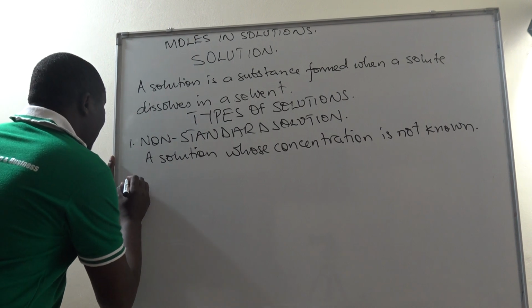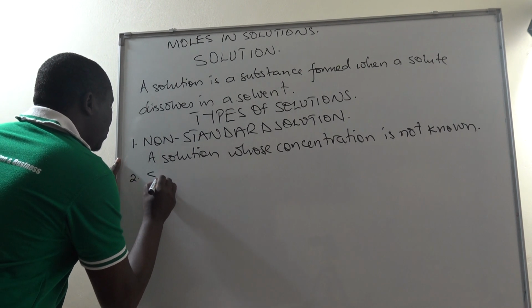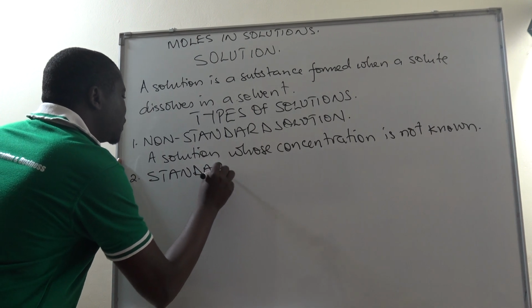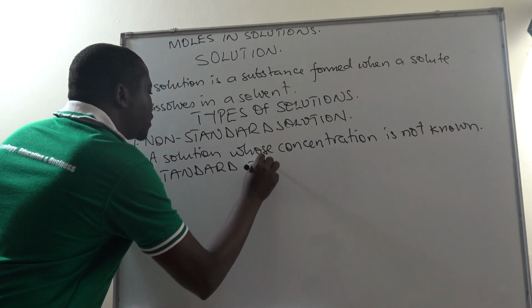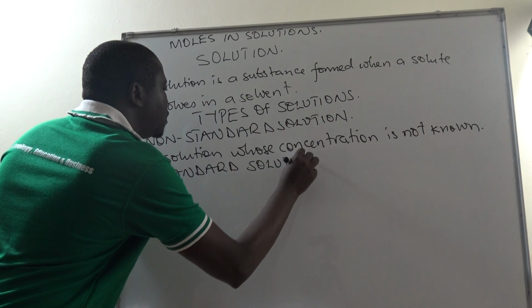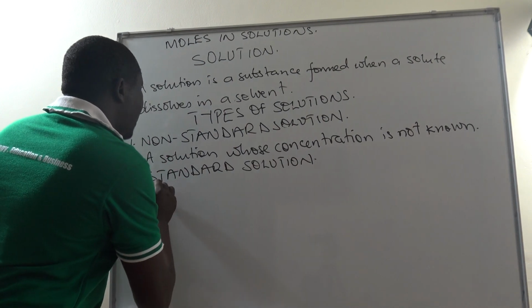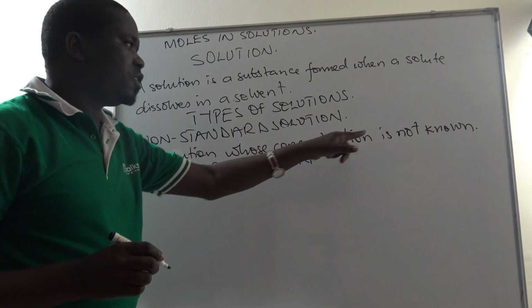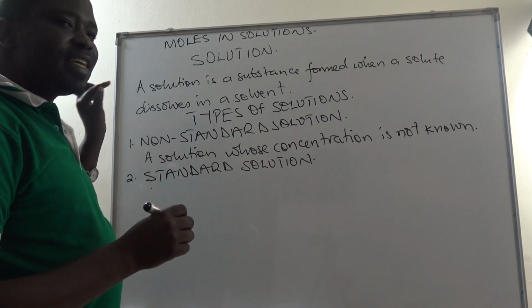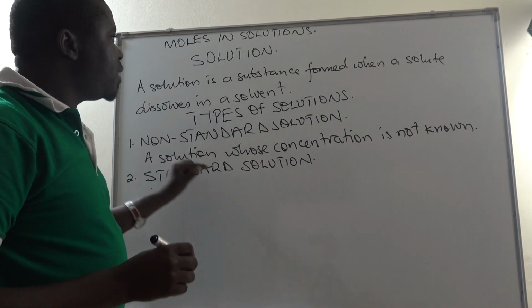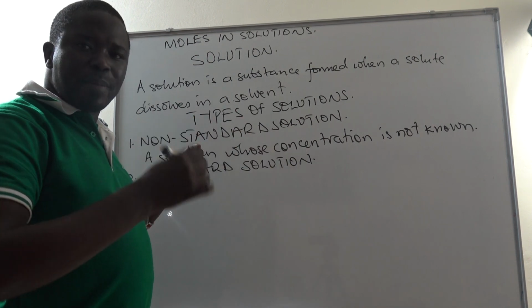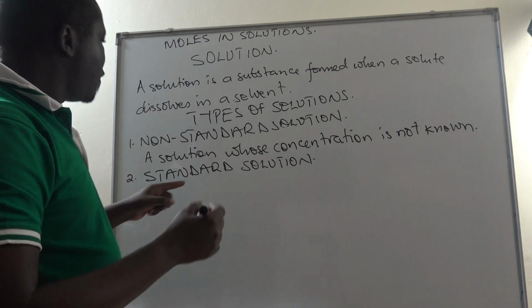Then let us look at another type of solution which is called a standard solution. Whereas a non-standard solution is a solution whose concentration is not known, in a standard solution we know the amount of the solute which has been added to the solvent to form a given volume of the solution.